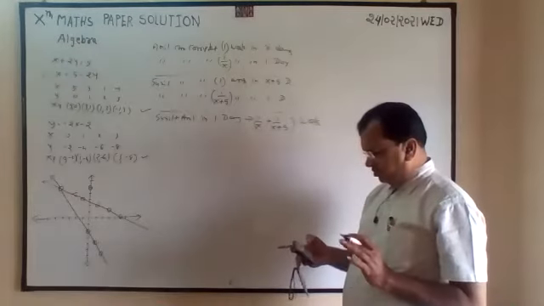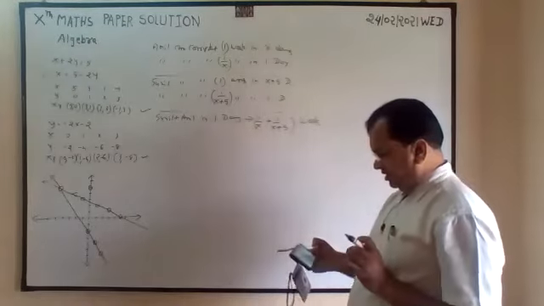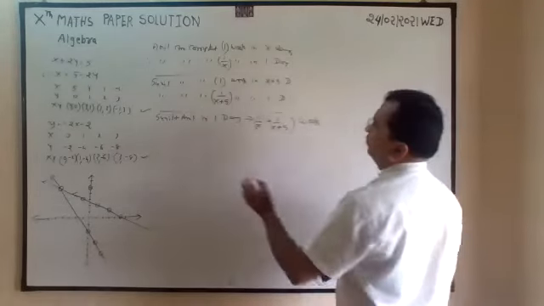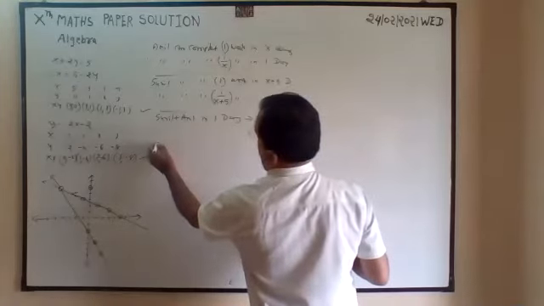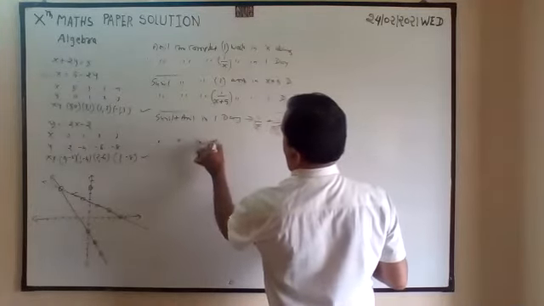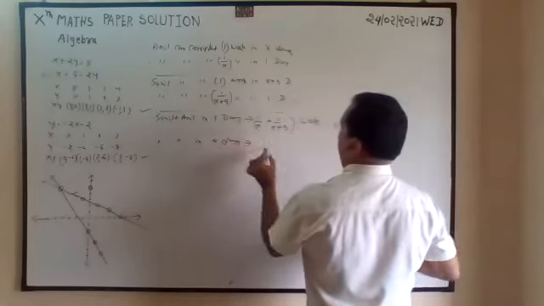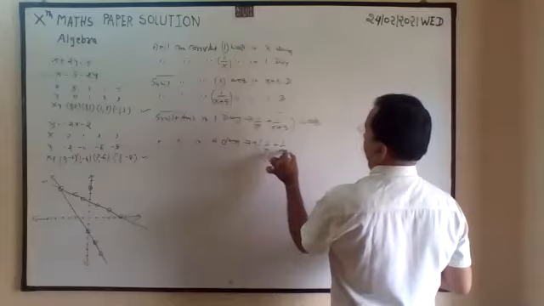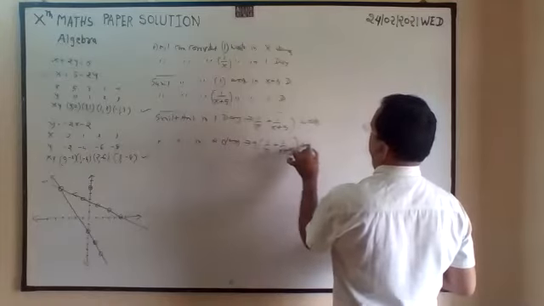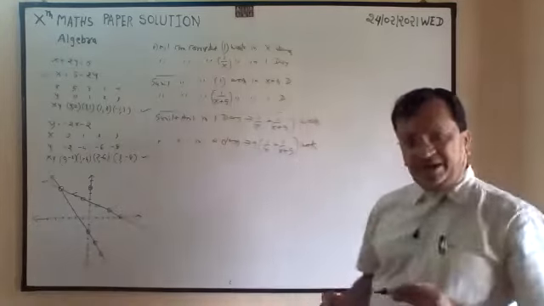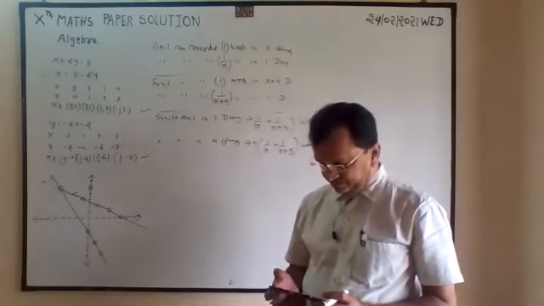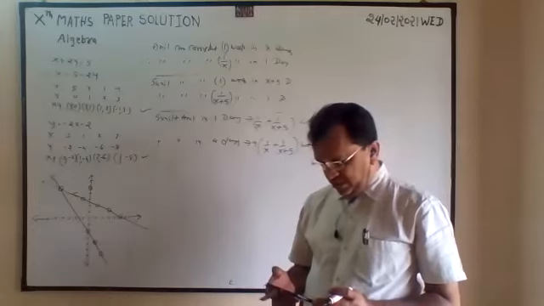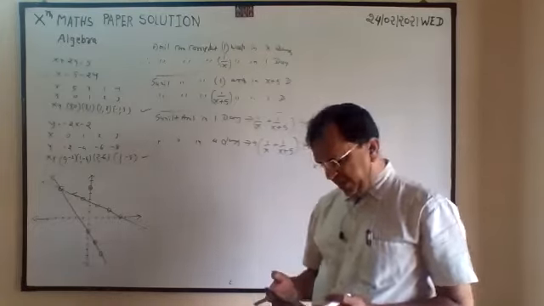Sunil takes 5 days more than Anil. 4 days after starting the work, that means in 4 days, Sunil and Anil together can do 4 times this much work. This much work is completed. The remaining work was done by Sunil in 5 days.